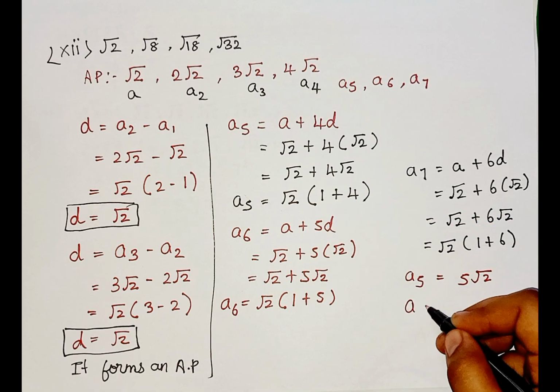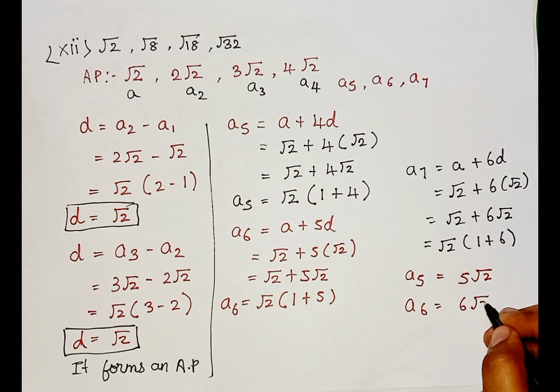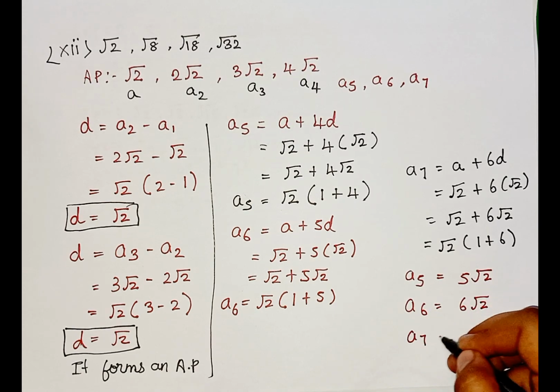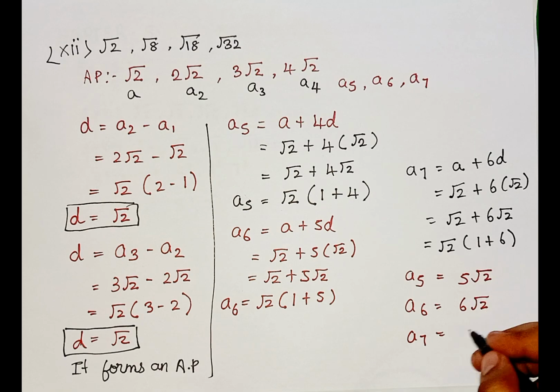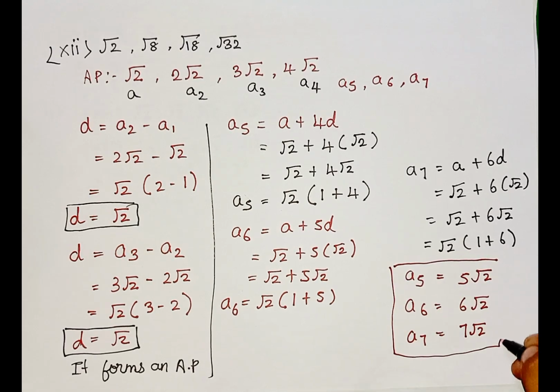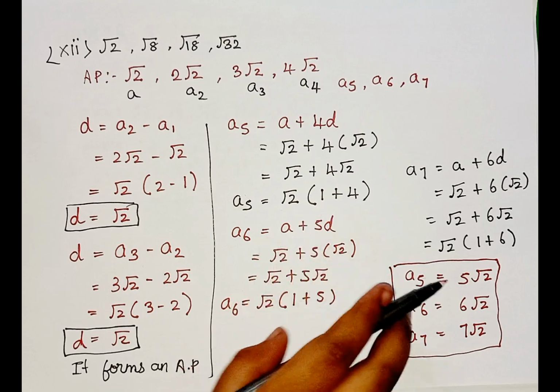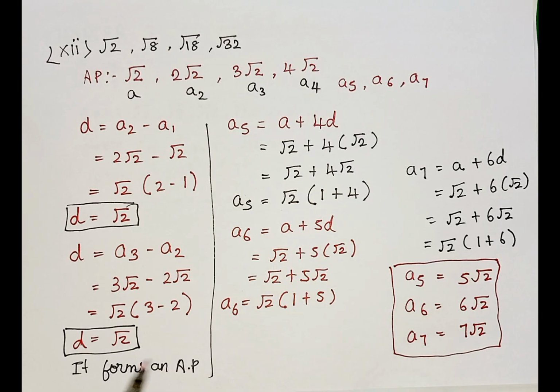For A6, 5 plus 1 is 6, so 6 root 2. And for A7, 6 plus 1 is 7, so 7 root 2. This is how we are supposed to find the values. Never forget to add the values. After adding you can write it like this. Alright, so this is the answer for the 12th subdivision.